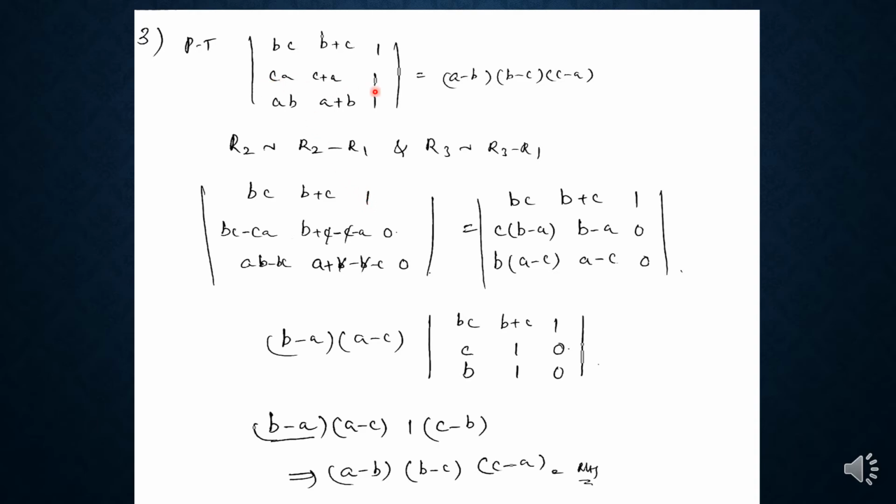Now R2 changes to R2 minus R1, that is CA minus BC, C plus A minus B plus C, which is A minus B, and 1 minus 1 is 0. Now R3 changes to R3 minus R1, that is AB minus BC, A plus B minus B plus C, which is A minus C, and 1 minus 1 is 0.